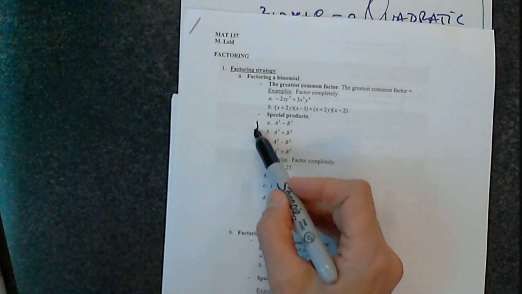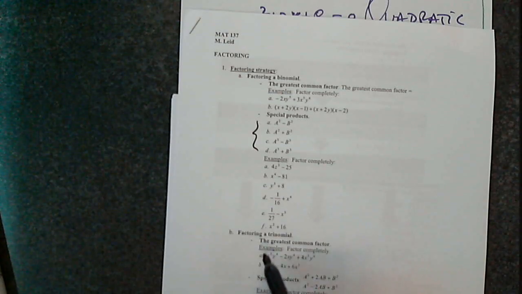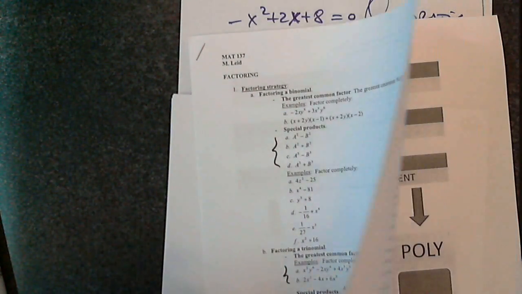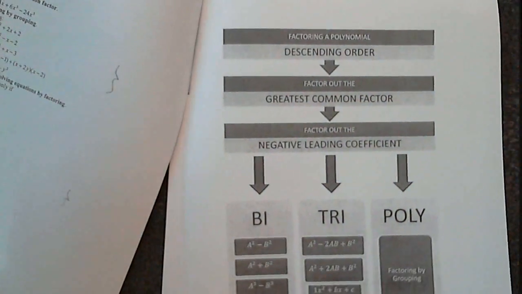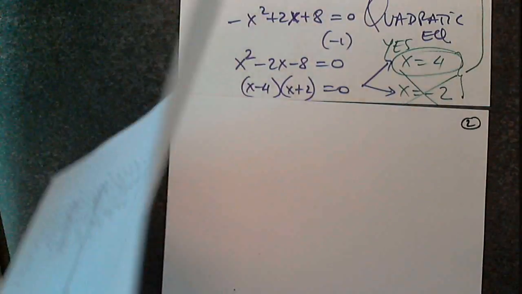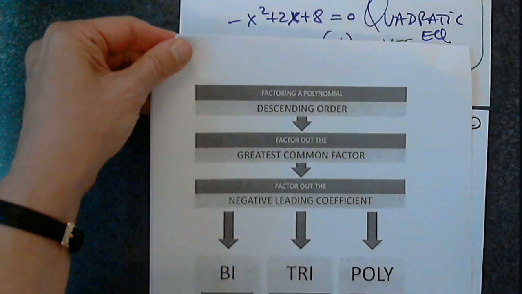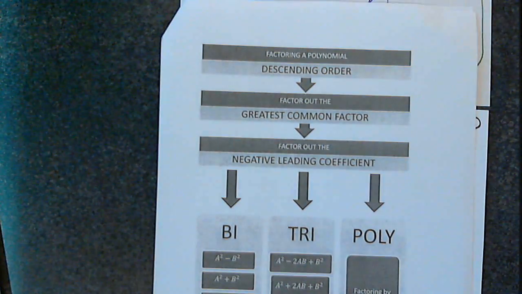It gives you the special products for binomials, special products for trinomials, and you have a lot of examples. They're not solved examples. And this is the strategy of factoring. Now, if you know how to factor binomials, trinomials, and polynomials, this is very straightforward.